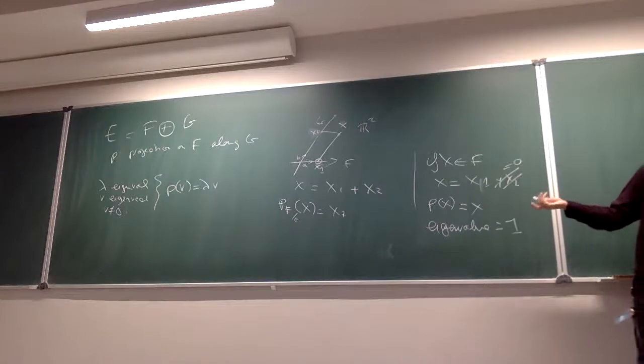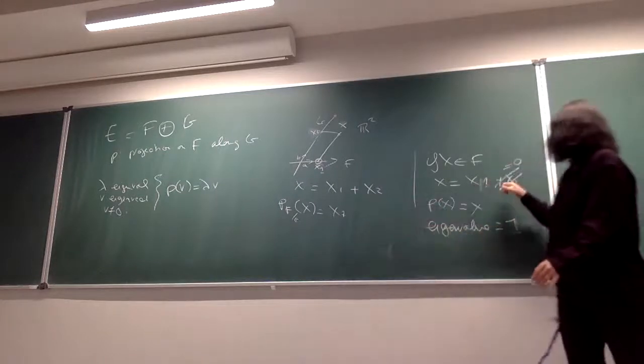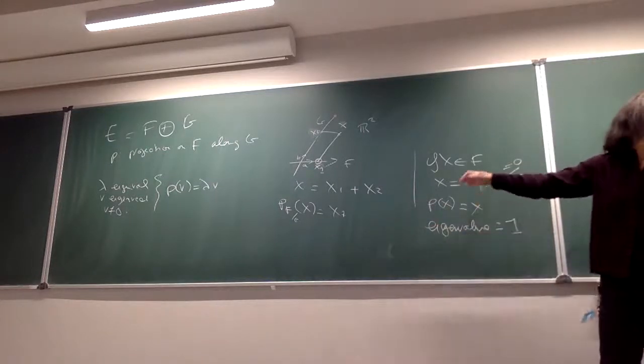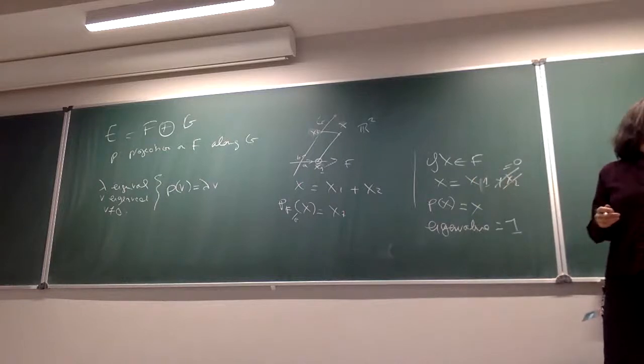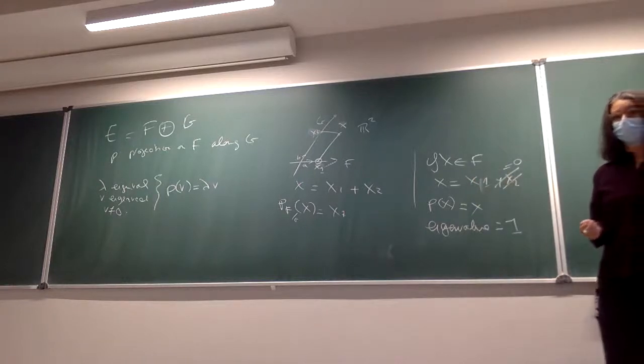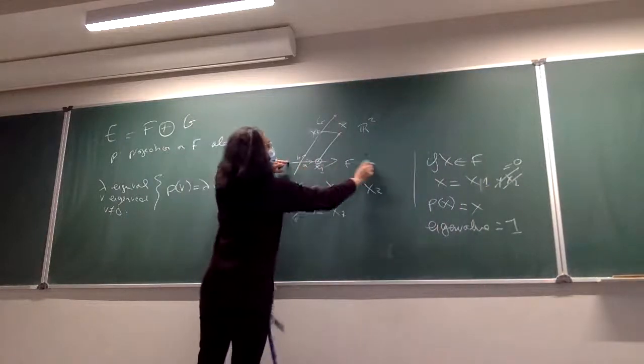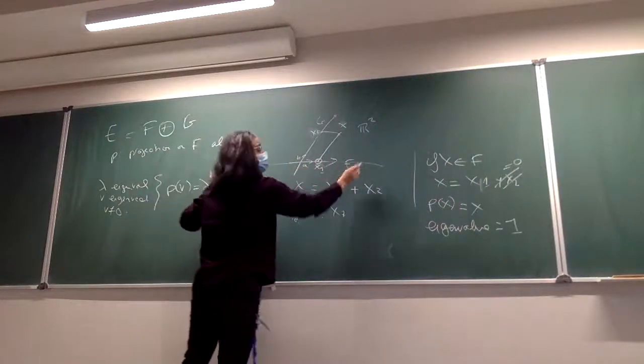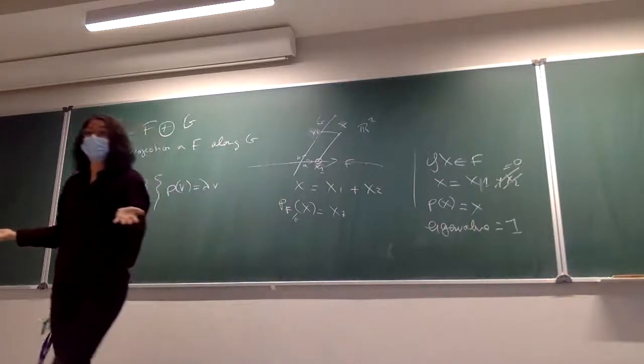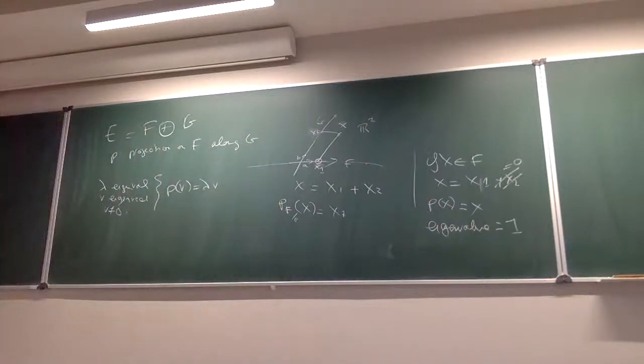Okay, so when we do the projection, it's just going to be equal to its X1 part, which is itself. Okay? Okay, yeah, sure. Anything that belongs to that direction is going to stay where it is, because its unique decomposition is itself plus 0. Okay?